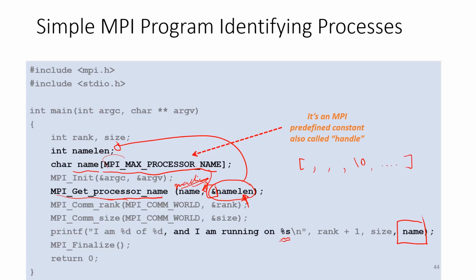So suppose your machine is called, I don't know, API, okay? We'll have these 3 letters and then \0 afterwards. So this is sufficient for the printf function to know that the name stops here. But if you need to know the exact number of characters, then in this case, 3 will be stored in the name length variable that you pass to the get processor name.